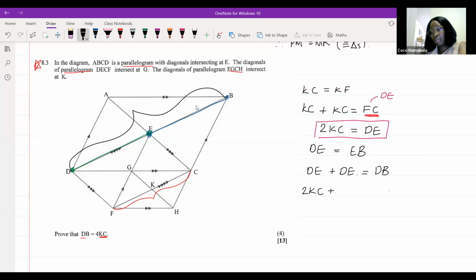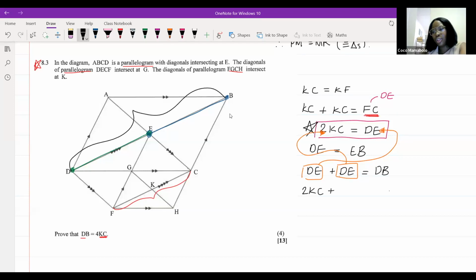What is DE? No. What's another name for DE? DE is DB, ma'am. Look up here. We said we're replacing DE with 2KC, but this is also DE. So I'm also going to replace DE with 2KC, good.